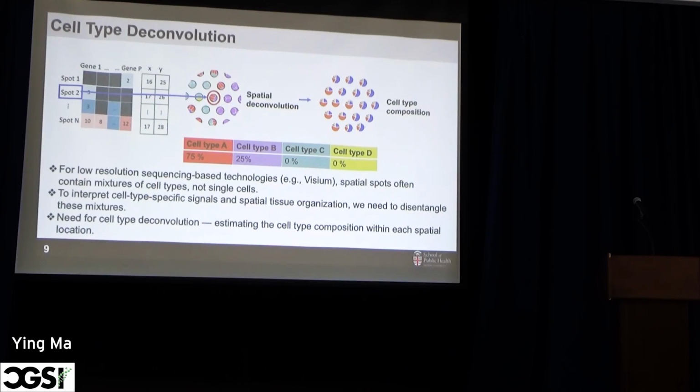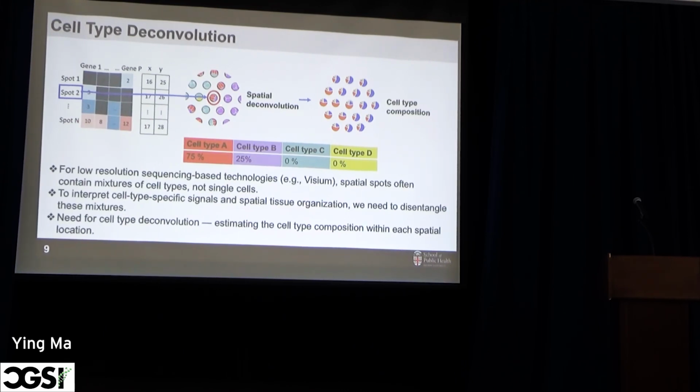Let's say we want to understand the cancer cell distribution, we need to disentangle which cell types exist at each spatial location. That's why we need cell type deconvolution, which tries to estimate the cell type composition within each spatial location.